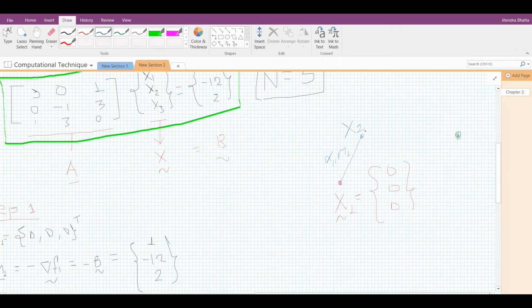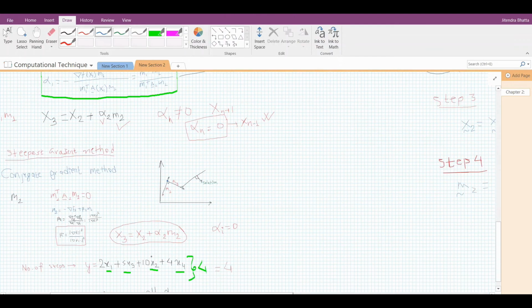Now we have to find another point which will be equal to x3, where we have to use alpha 2 m2 and beta 2. Let's find this point.